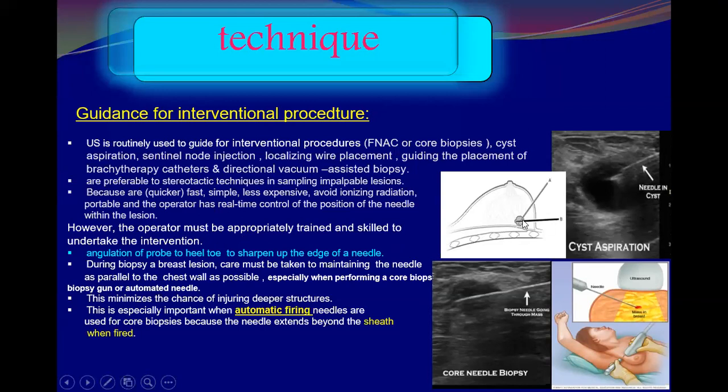Try to introduce the needle more horizontally, especially for the one with automatic fire. Otherwise it is going for a longer distance that might hit the ribs, the chest wall, or the pleura. To avoid that, definitely Wafa is going to give you much more information in the lectures on interventions.